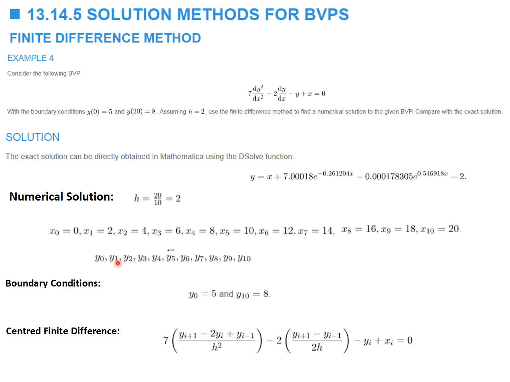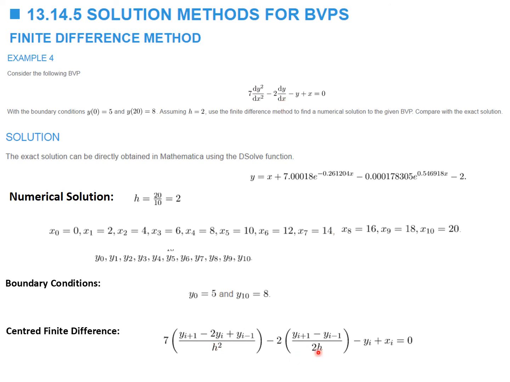How many difference equations do we need to write? We need to write 9 difference equations, because we have 9 unknowns. We're going to look at this problem and replace the second derivative and the first derivative with their finite difference approximations. The second derivative has this as its finite difference approximation.